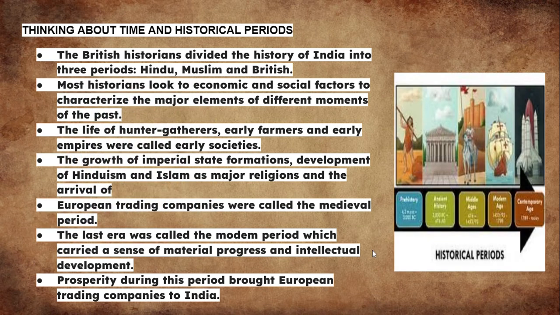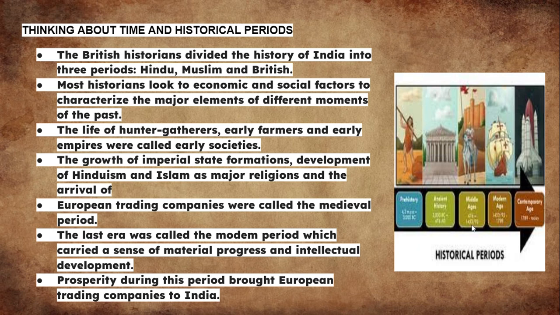So here are the historical periods: prehistory, ancient history, medieval history, modern history, and contemporary history. Prehistory is the life of hunter gatherers, early farmers, and early empires. Ancient history is about kings, queens, and their kingdoms.